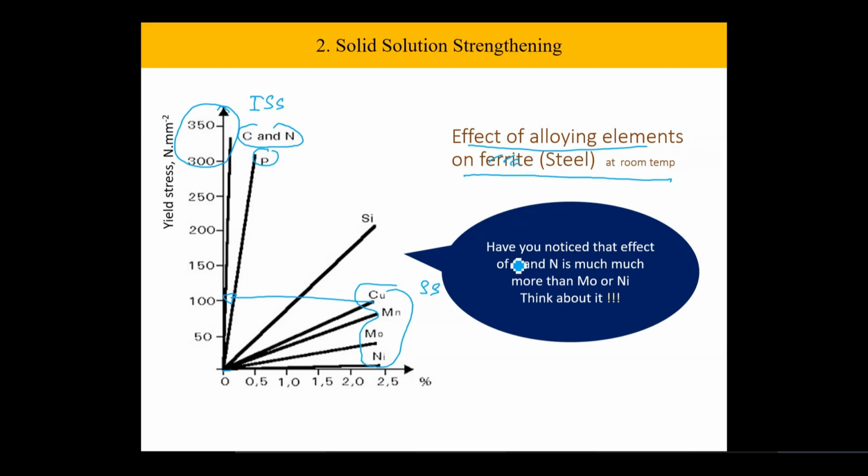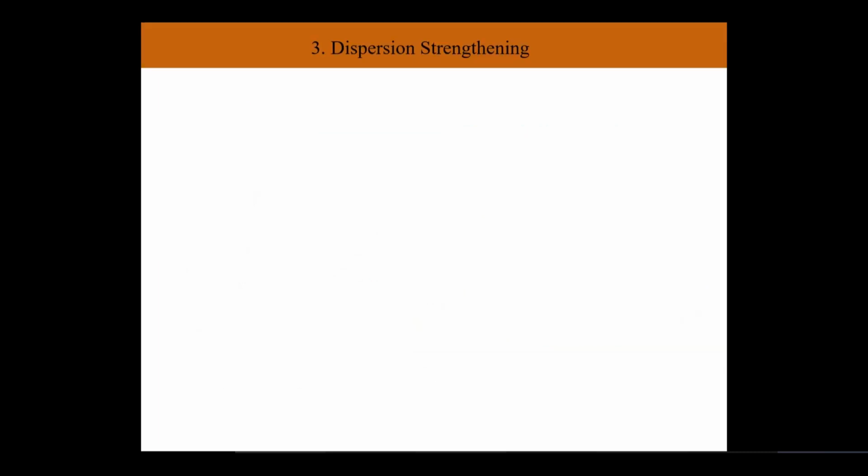So did you notice the effect that carbon and nitrogen is much more than molybdenum and nickel, and you need to think about it. Why is it so that substitutional solid solution creates lesser effect as compared to interstitial solid solutions on the yield strength of the material?